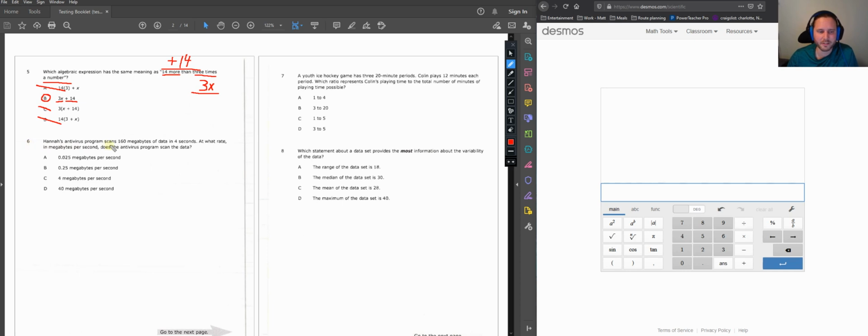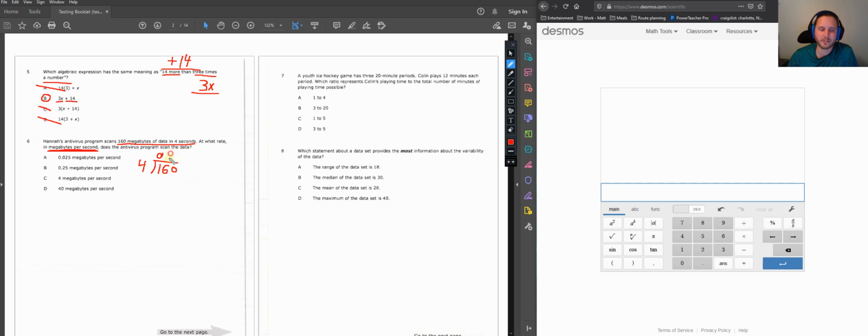Number 6, it's saying 160 megabytes in 4 seconds. So it's then asking, what about megabytes per second? What is that speed? So megabytes per second, we're doing 160 divided by 4 seconds. 4 goes into 1, it doesn't.